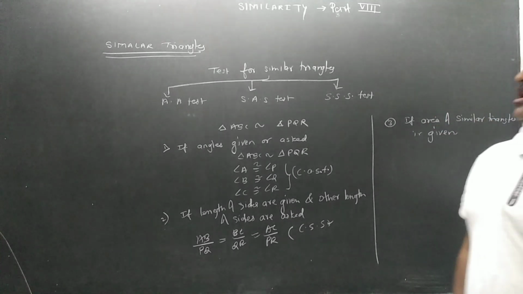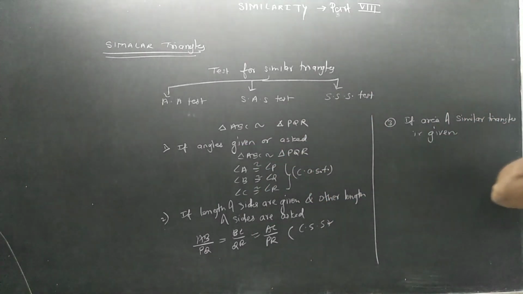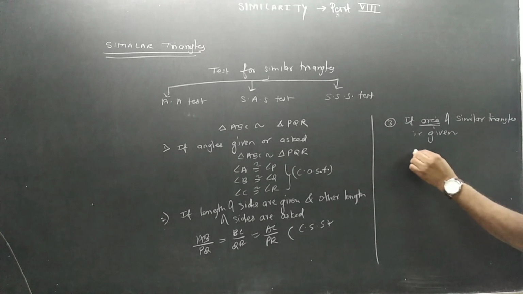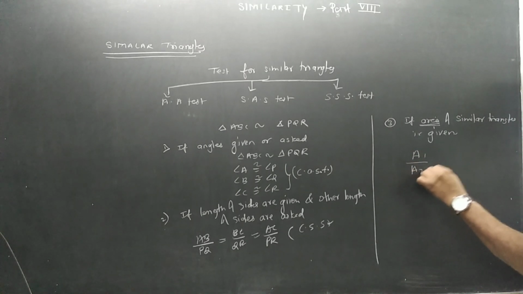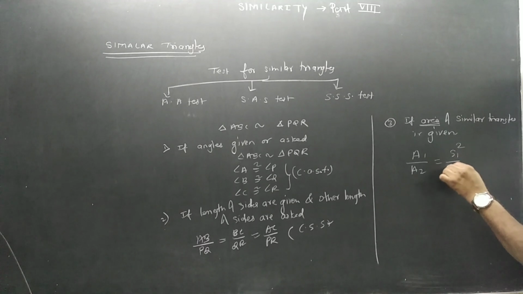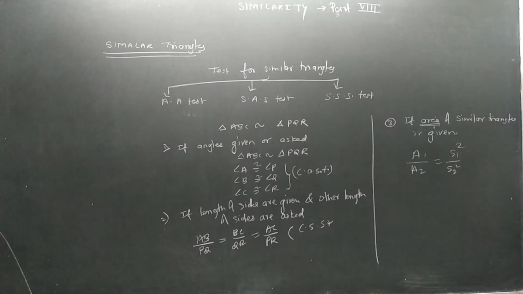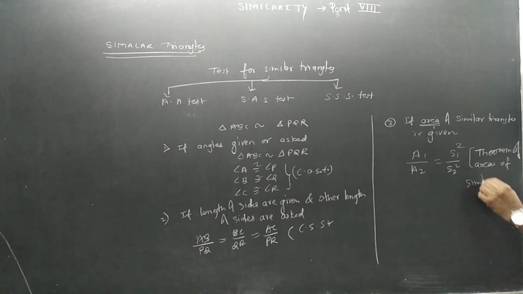Means they use the word area of two triangles which are similar, and when they use the word area, you are going to write A1 upon A2 is equal to S1 square upon S2 square, and the reason for this we write is theorem on areas of similar triangles.